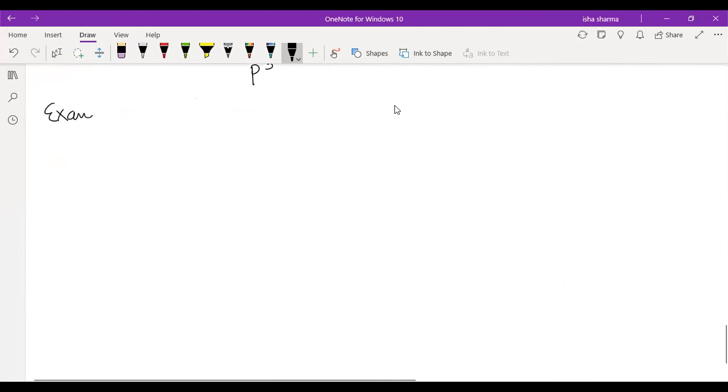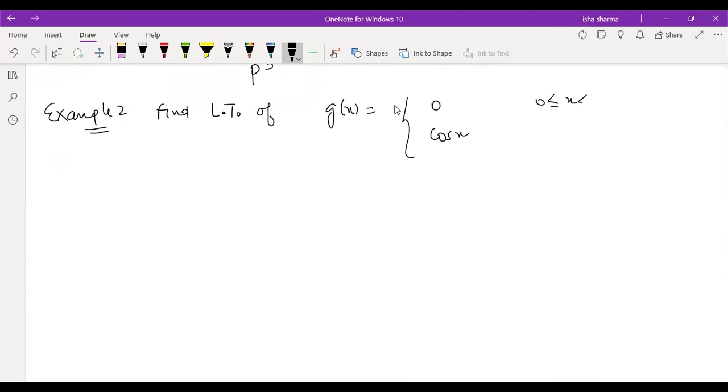So example 2. The same statement: find the Laplace transform of g(x) equals 0 for x from 0 to pi by 2, and cos x for x greater than or equal to pi by 2. Now again you can argue that this question can be done by definition, but we want to learn how to use the second shifting theorem.